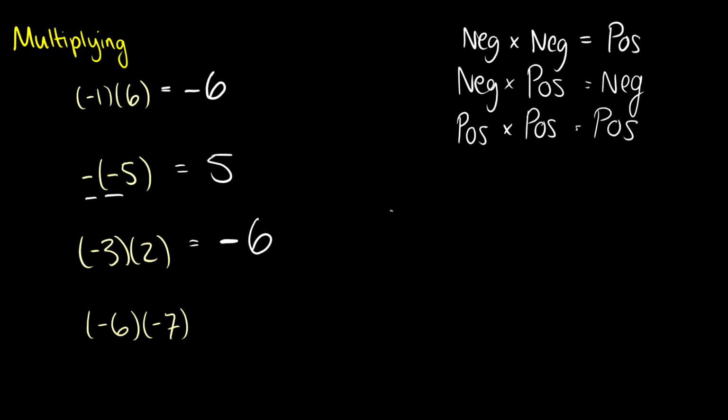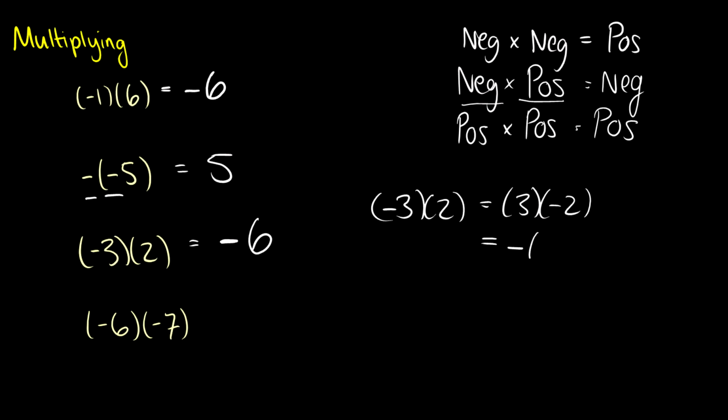Well, negative 3 times 2 is actually the same thing as 3 times negative 2, because a negative times a positive is the same thing as a positive times a negative. We could also rewrite this as negative 3 times 2, because all of these results are going to give us negative 6.